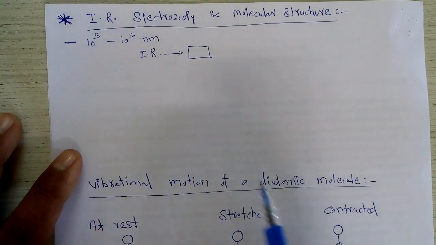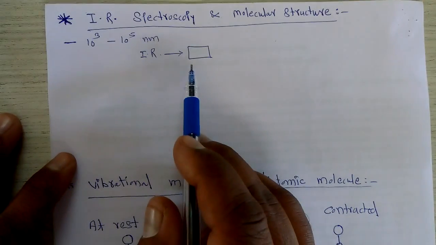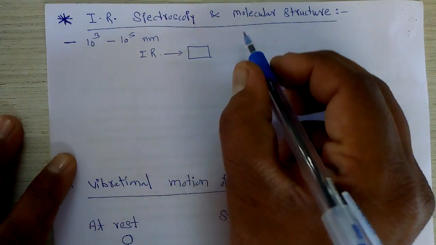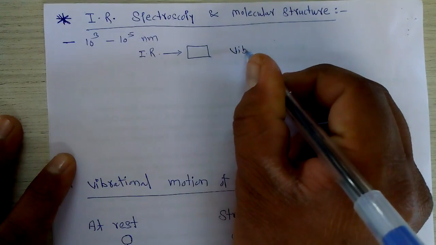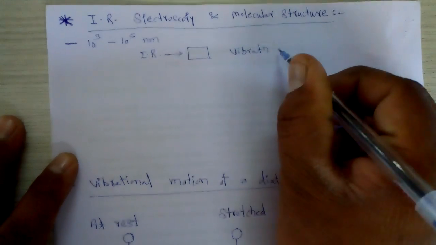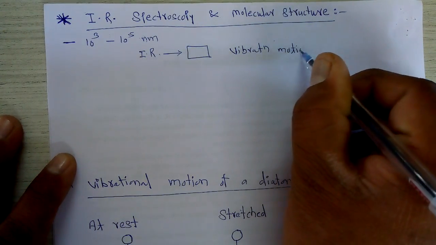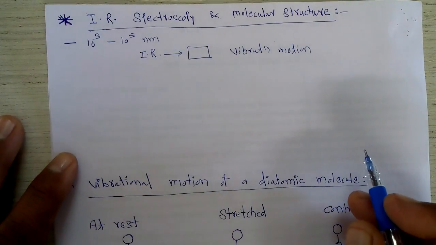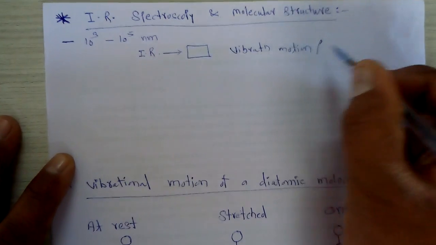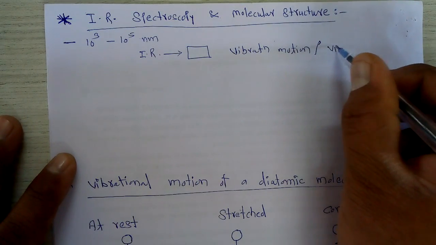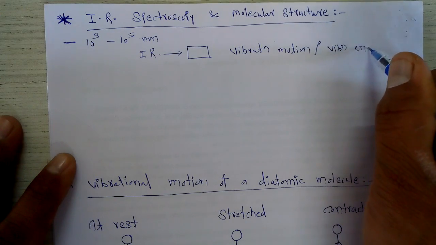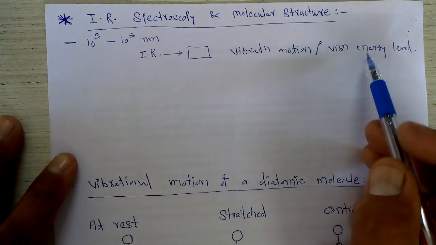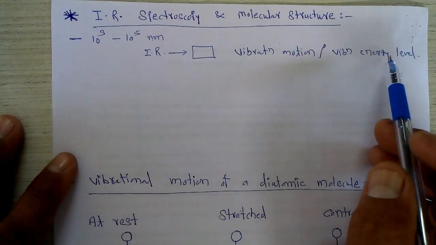These radiations get absorbed by the molecule, and then there is a change in the vibrational motion of the molecule, or we can say there is a change in the vibrational energy level of the molecule.